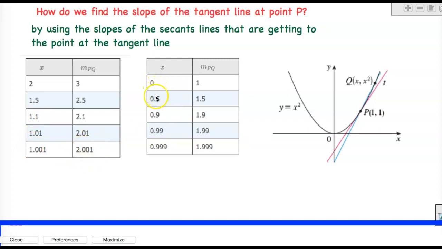And these values of x are coming in from the left, and these slopes are approaching 2. So, I misspoke, I wanted to say using the slopes of the secant line, we could say that those slopes of the secant line are approaching the slope of the tangent line, which is going to equal 2.